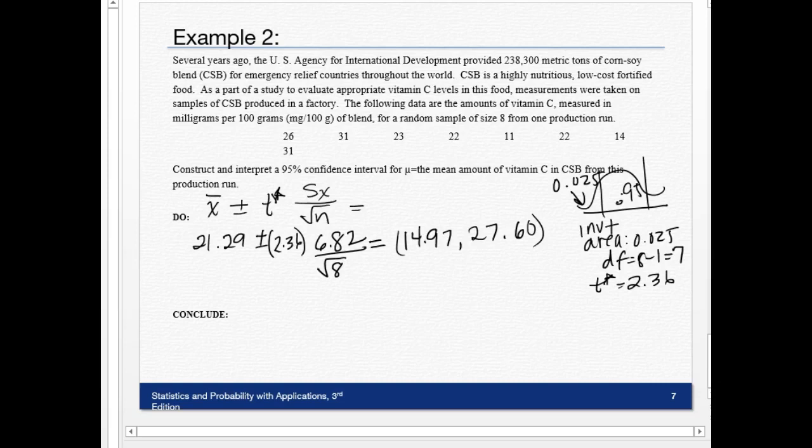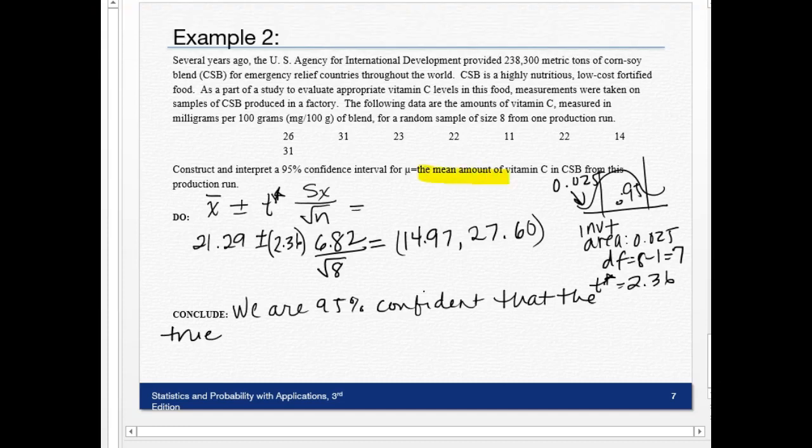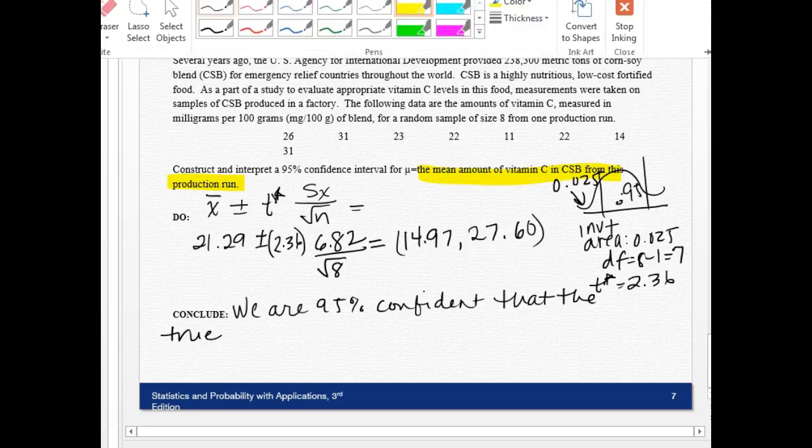Now, we conclude like we always do. We're going to start with, we are 95% confident that the true, remember, go back and reference the stem of the problem, the true mean amount of vitamin C in CSB from this production run. All of that goes in your conclusion.